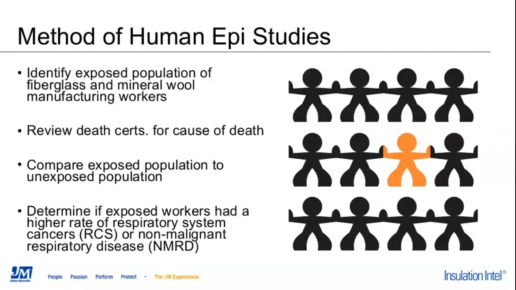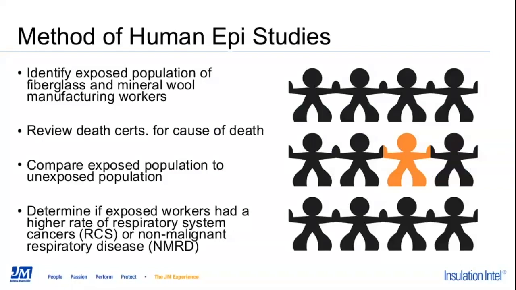And we compared these workers and their causes of death to the unexposed population, basically with the objective to determine whether or not these exposed workers had a higher rate of respiratory system cancers or even non-malignant respiratory disease than your general population.